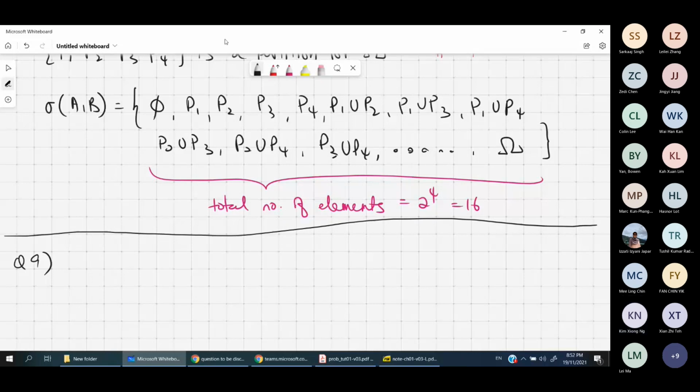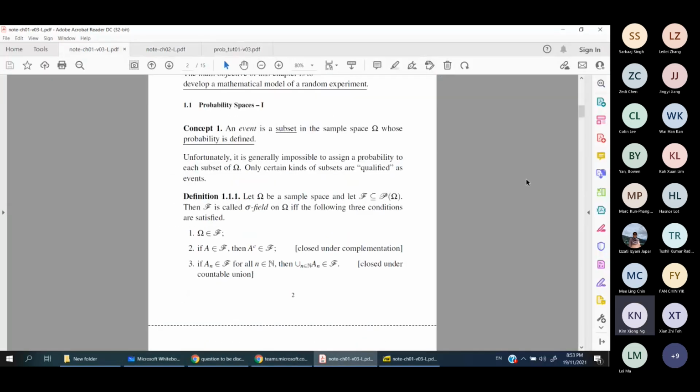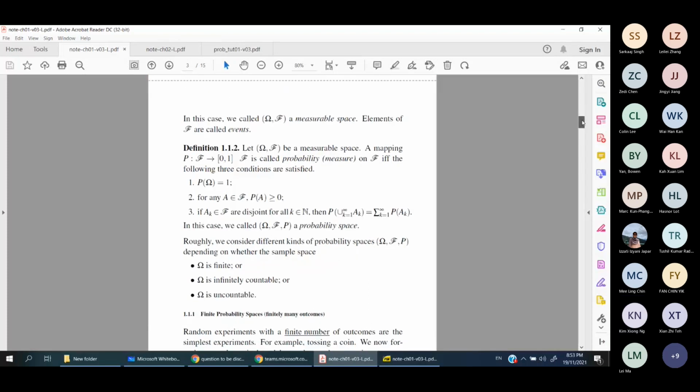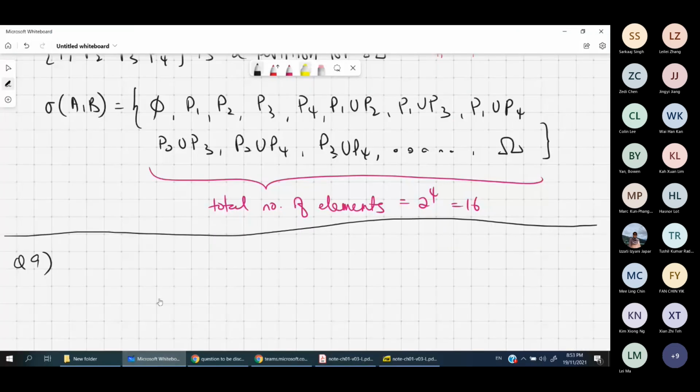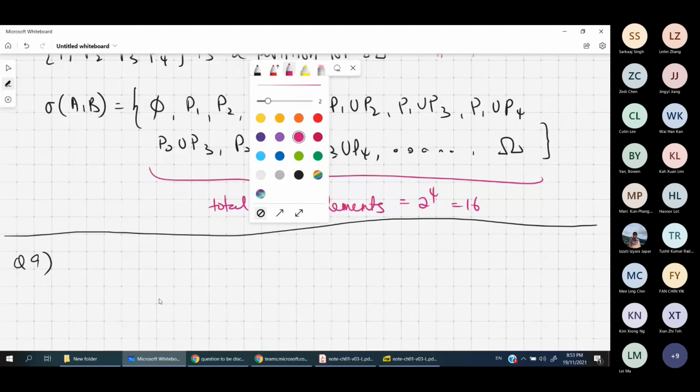To do this, again, we need to make use of the definition of probability. So what is this? Definition 1.1.2. So 1, 2, 3 here. Maybe I'll just put it over here as a revision.